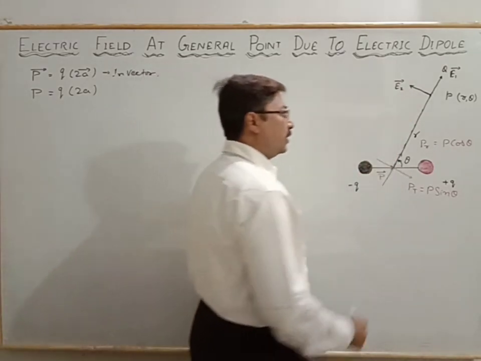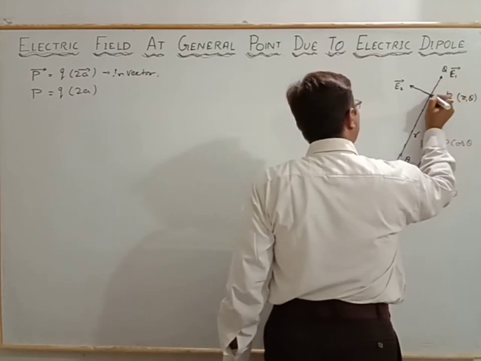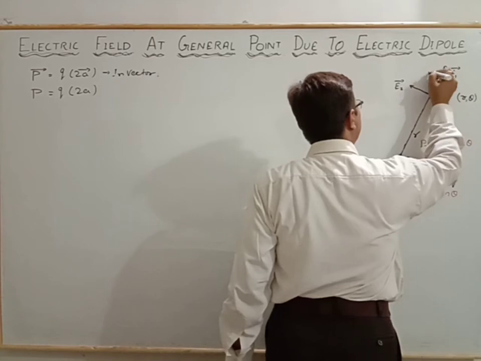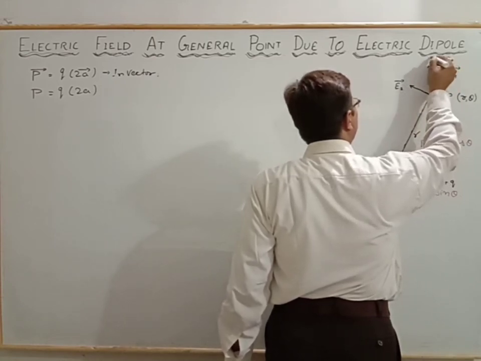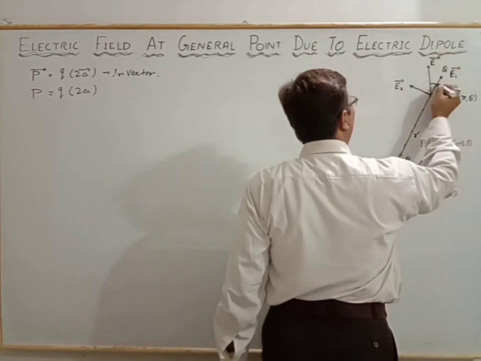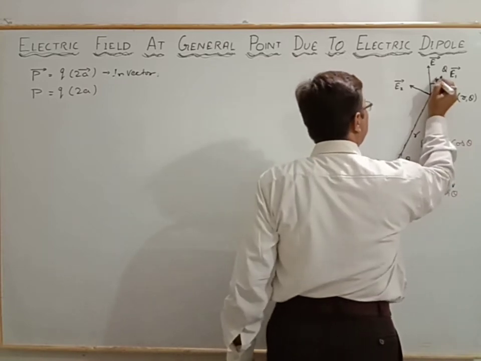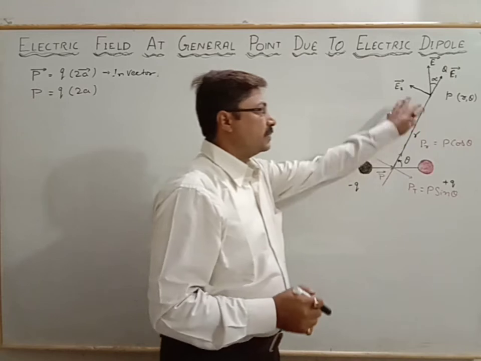Now the resultant of these two vectors is like this. This is the resultant vector that will give the electric field direction, at an angle alpha from the axial line. So this is the arrangement.